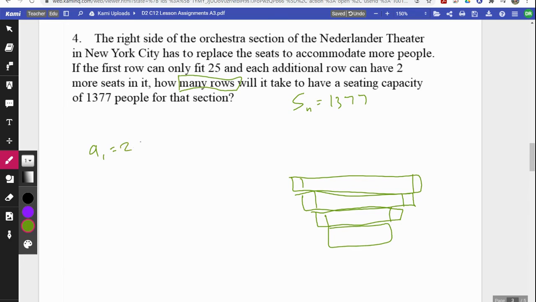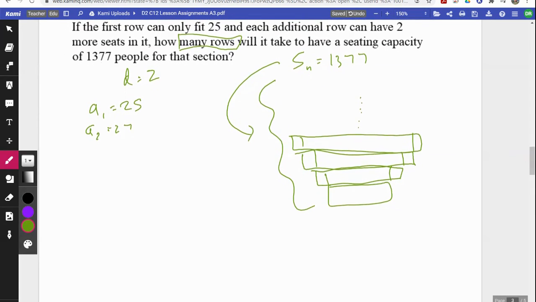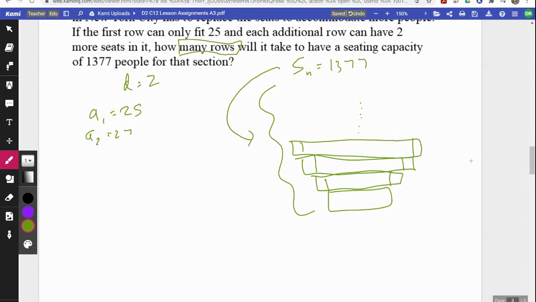So we have 25, and then a sub 2 would be 27, and so on. We know that d then is going to be 2. We're adding 2 each time. But we don't know how many rows it's going to take to get to a total of all of these seats to be 1377. So we don't know a sub n, again.